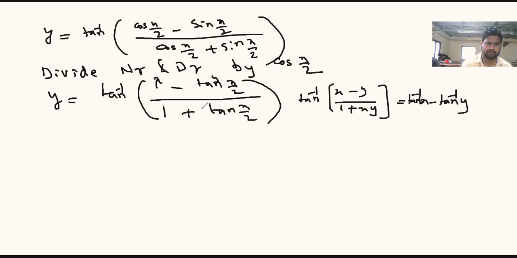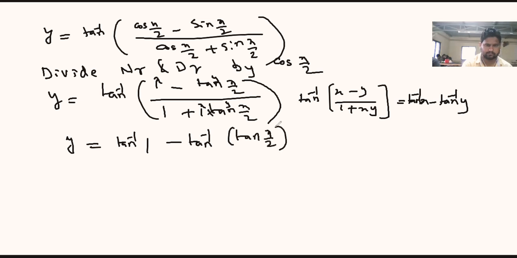In the denominator, we can write 1 plus 1 into tan x by 2. So this is x, this is y. So this is now tan inverse of x minus y by 1 plus xy. So we get y equal to tan inverse of x, x means 1, minus tan inverse of y, y is tan x by 2. So this is equal to y is equal to tan inverse of 1 minus tan inverse of tan x by 2; tan inverse and tan cancel.